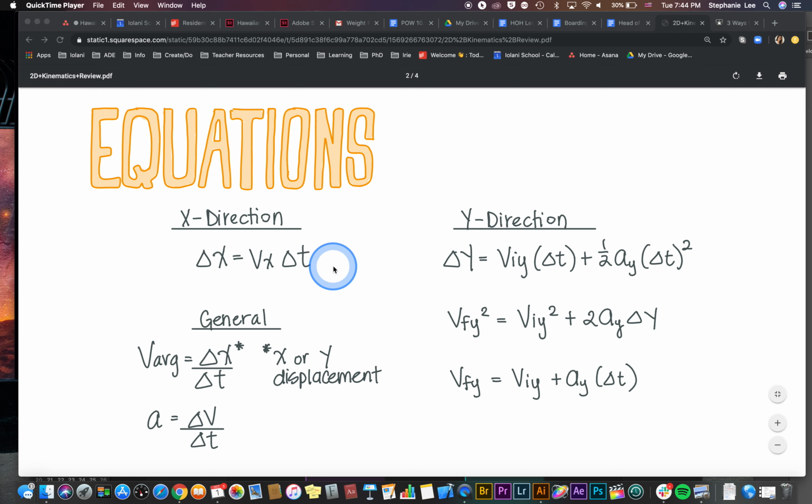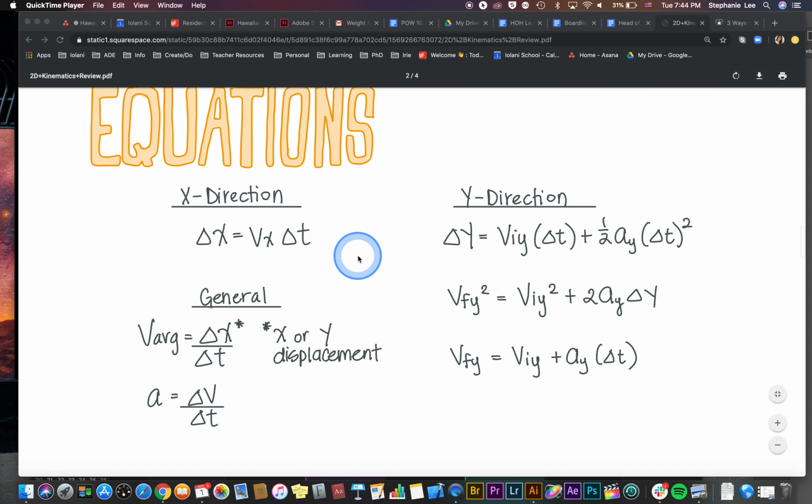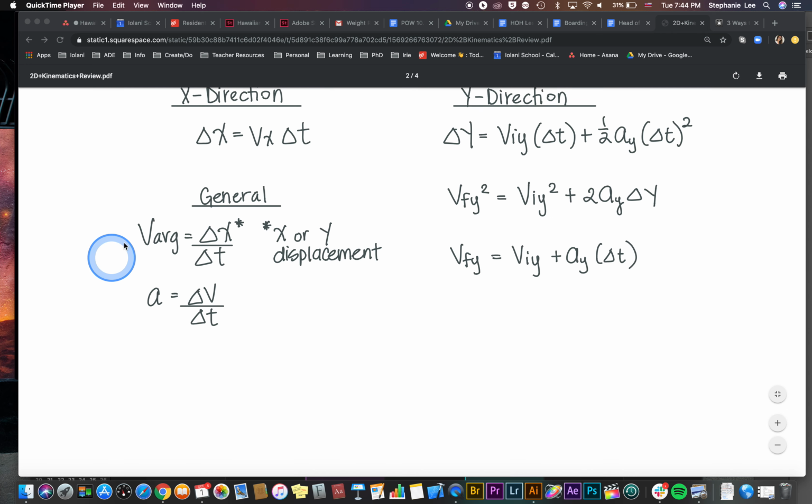The only difference is that since ax is 0, this entire squared term here drops off when you're talking about the x direction. So we really only have one relevant equation for x, and that's delta x equals vxt. These equations here become less useful for us as our graphs are mostly quadratic, meaning curved, and so the velocity on the position graph is changing.